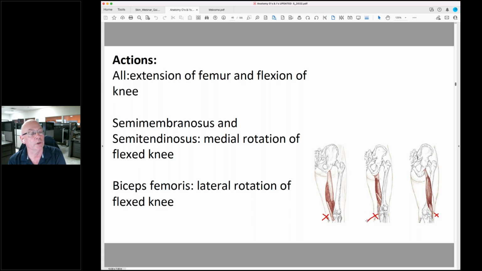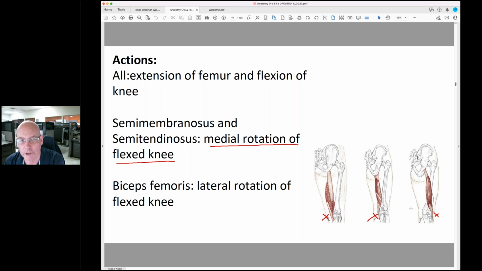So that's the different action: medial rotation of flexed knee for semitendinosus and semimembranosus, and lateral rotation of flexed knee.